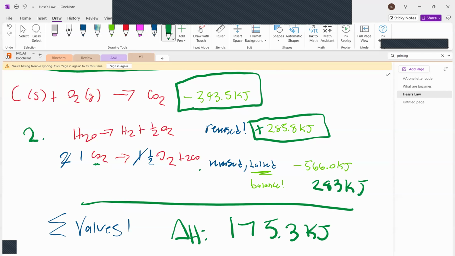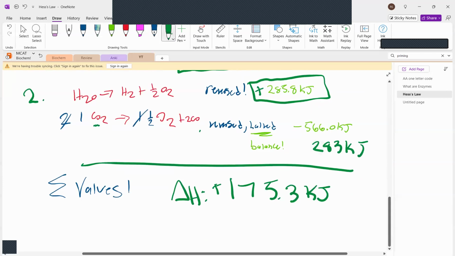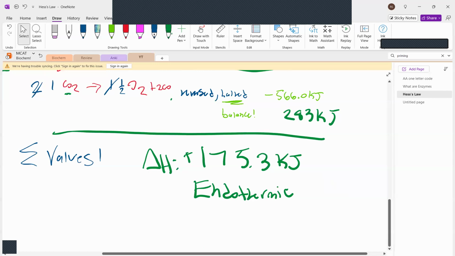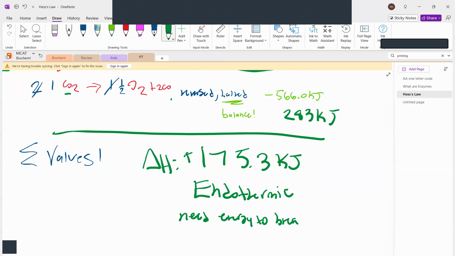And remember, this is positive, so this means that this is endothermic. It means that you need energy to break bonds, or you need energy to go into the system in order to do what you want to do.